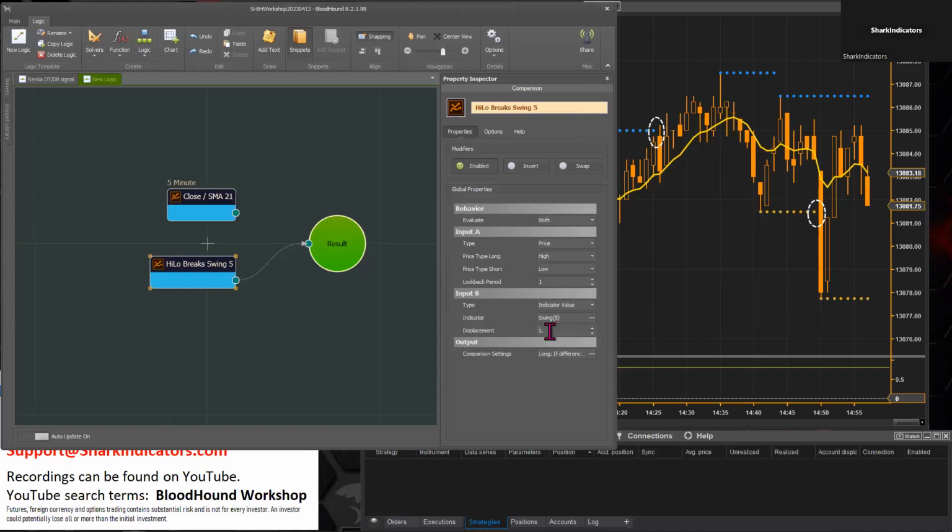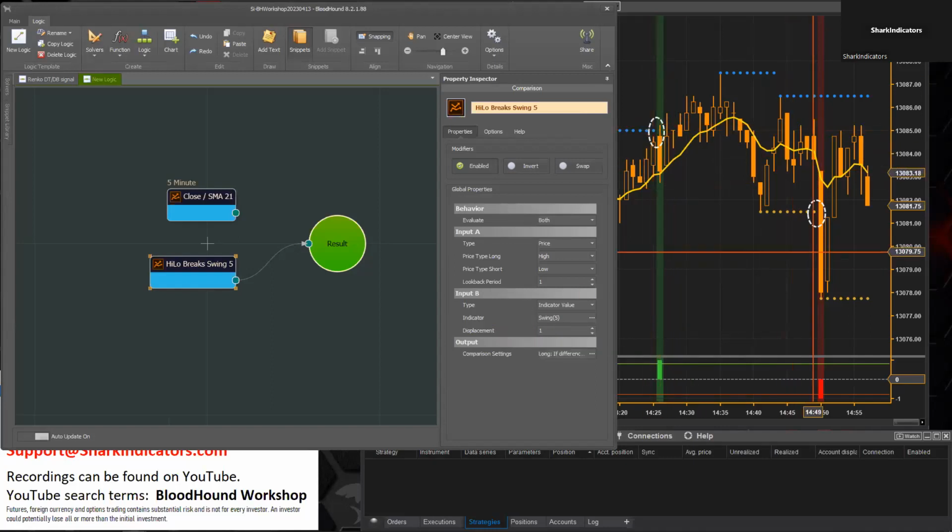So let's add a displacement of 1. And there we go. Input A is the current bar's high, and input B is the swing indicator, but it's displaced by 1 bar. In other words, we're looking back 1 bar, so we're comparing it to 1 bar back. And there is our swing breaks right there.